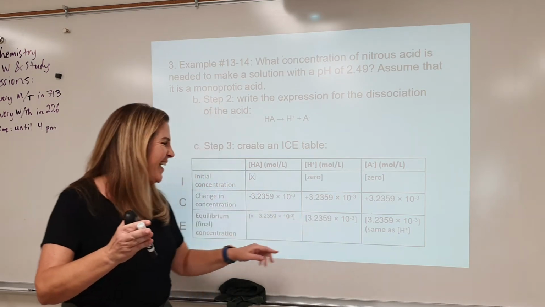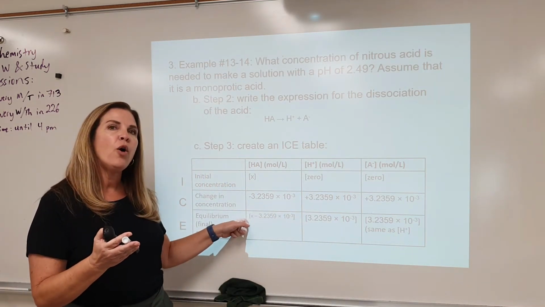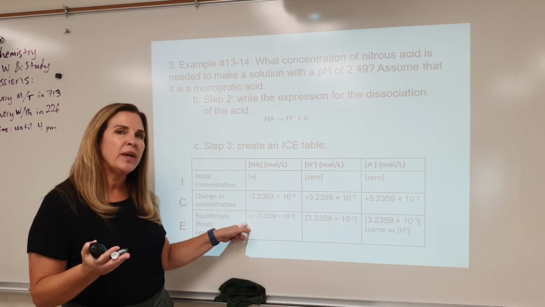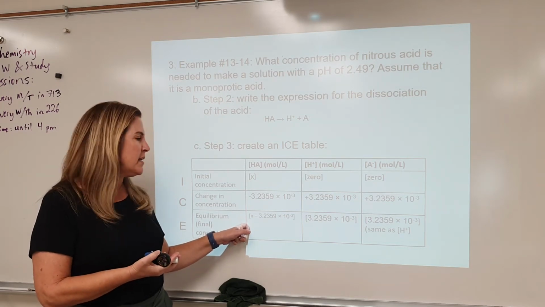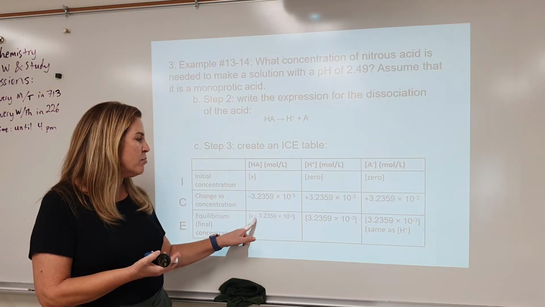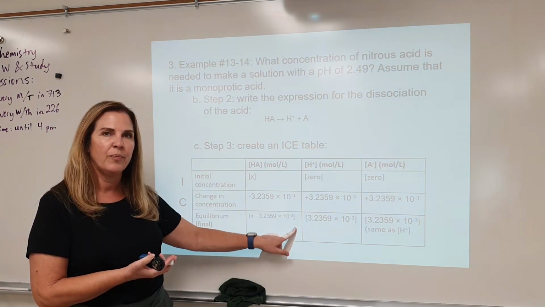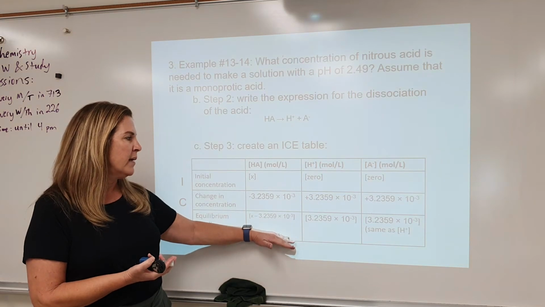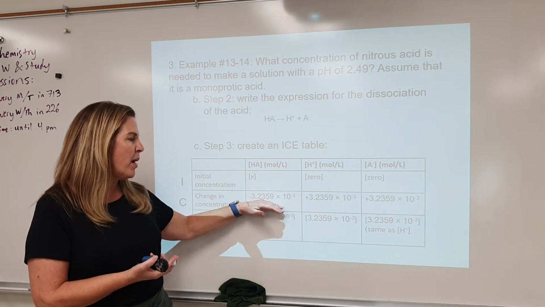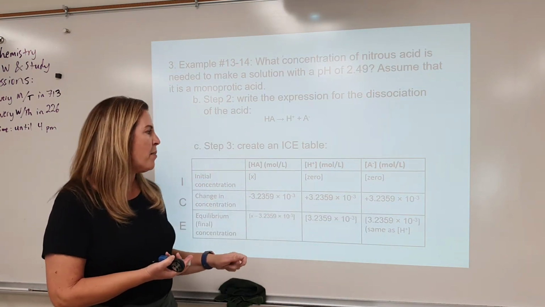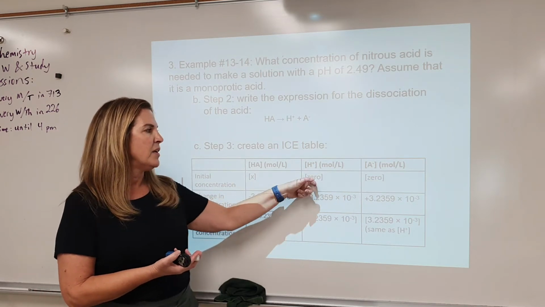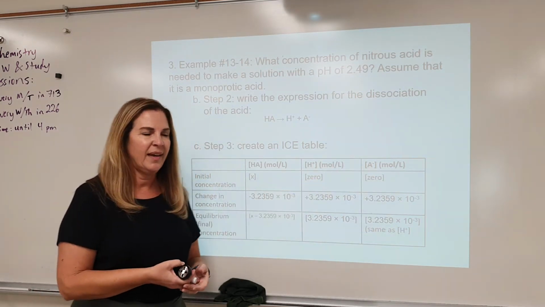Okay. Now over here, we don't know what the concentration of the acid is. That's what we're trying to find out. But we know that this is minus, again, the concentration of hydrogen that we calculated. And then backfilling. This would have gone down by that much. These two would have gone up by that much. And here we are at X, and these two are 0.